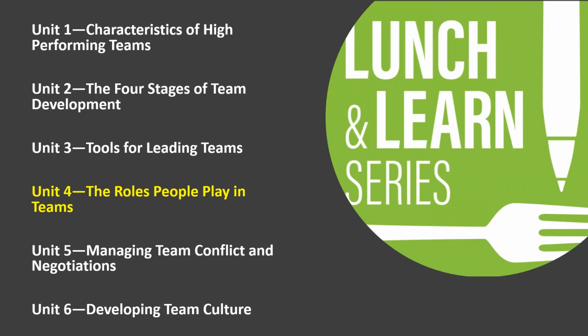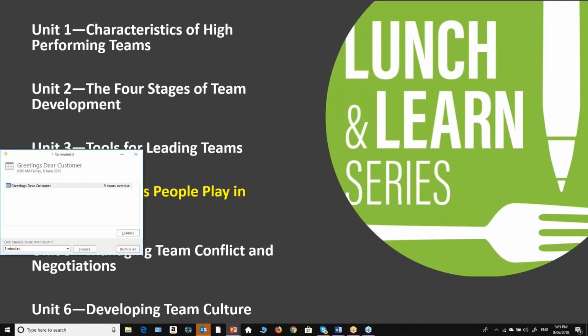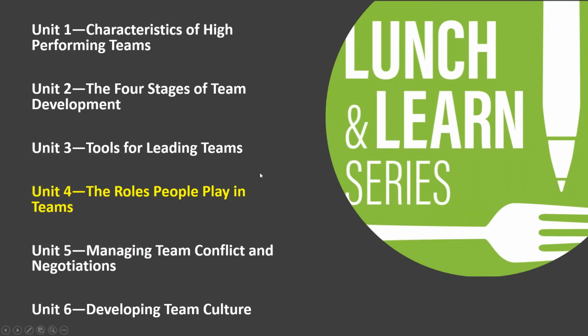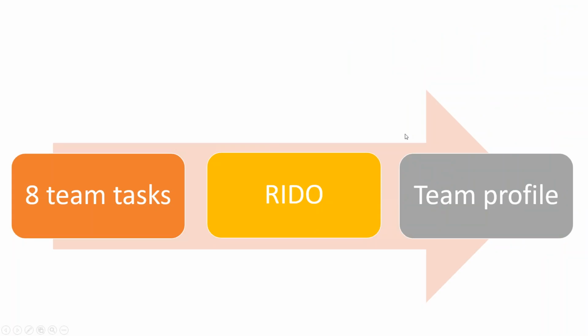And each of us would contribute around that campfire in different ways. And unless we're aware of those roles, and they weren't roles that we necessarily would exhibit, then we might not quite understand where people are coming from.